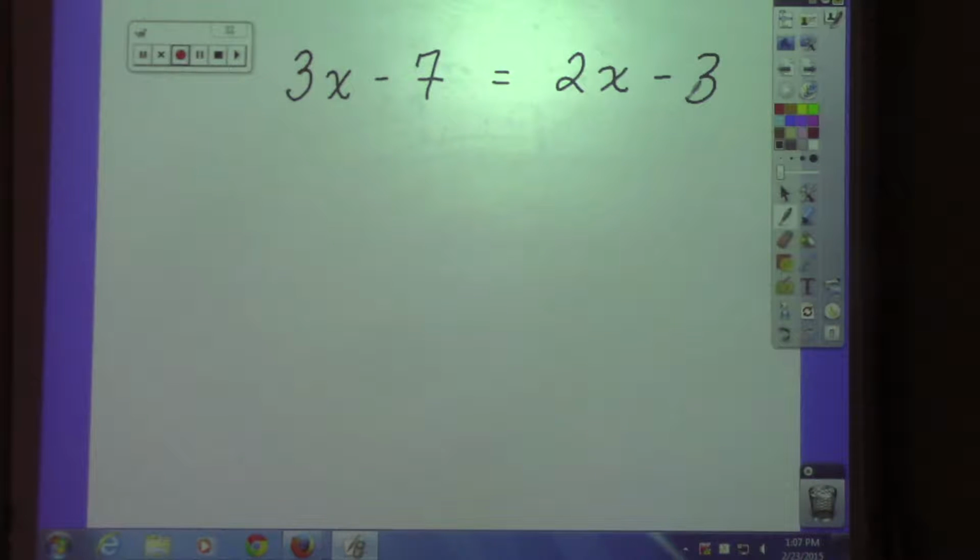Because right now we're just doing multi-step. We're just doing 2 or 3 steps. Nothing fancy.